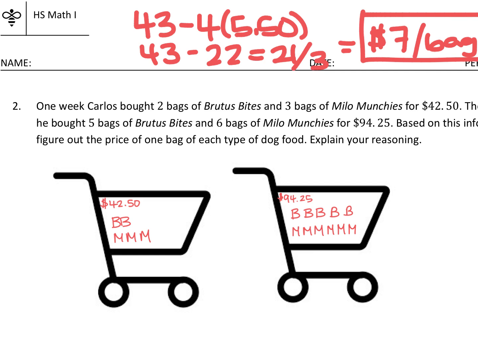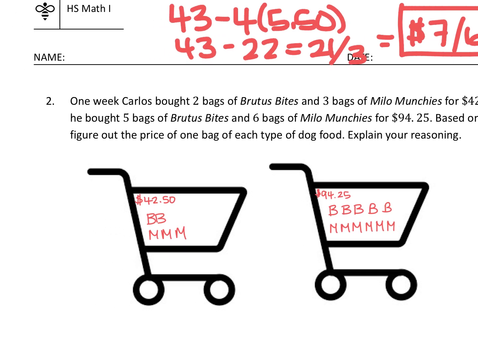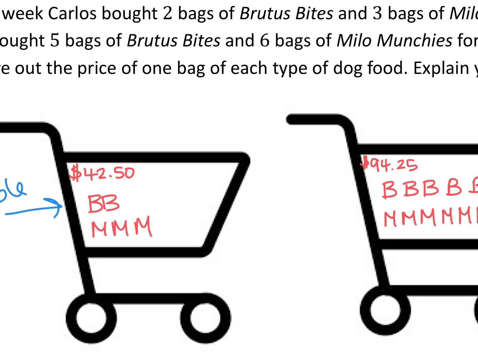So what if we double our first shopping cart? So I'm just gonna double this one. So that will make it so that they have the same amount of Milo Munchies, right? We're just doubling the cart.